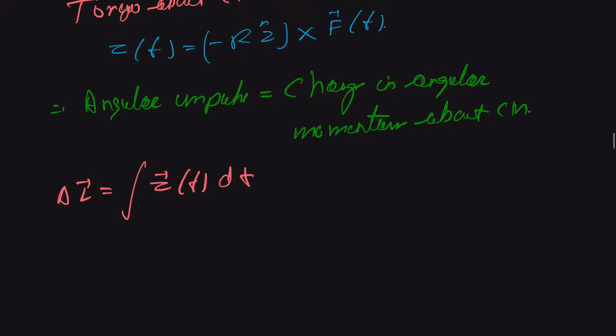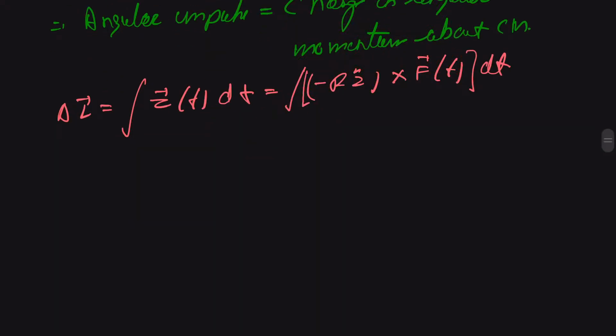Torque we just calculated. We can write the integral of minus r z unit vector cross our frictional force f of t dt, and we can rewrite this as minus r z cross the integral of f of t dt.